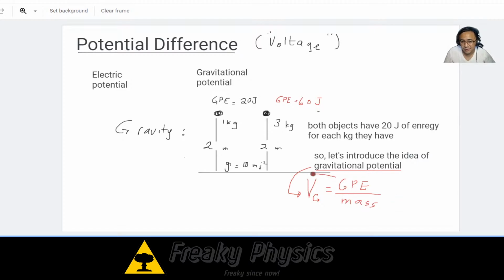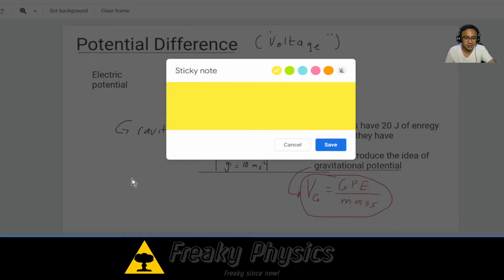Since everything we have done so far with gravity works with electricity, we can do the same thing. Everything that can be used to describe gravity can also be used to describe electricity.